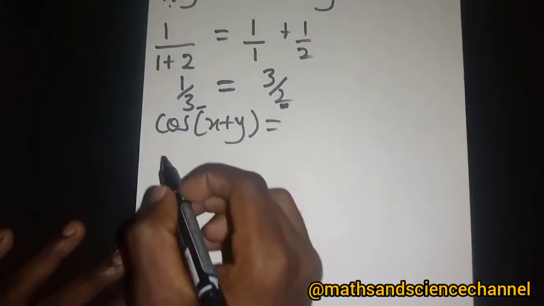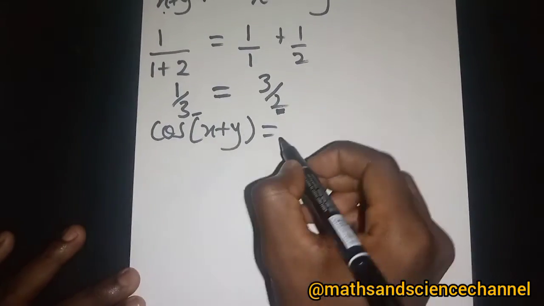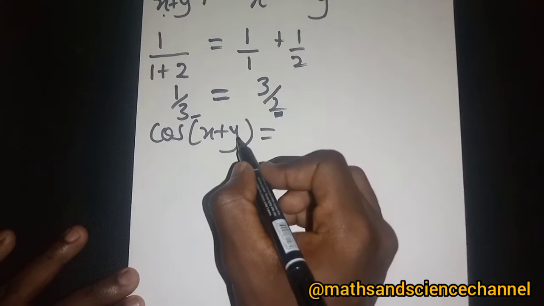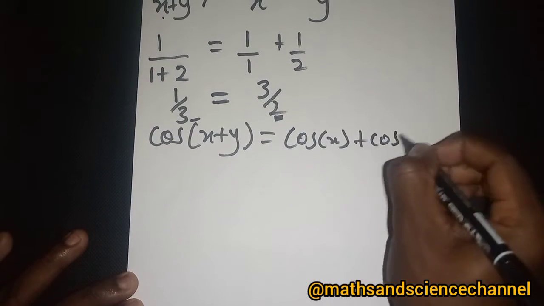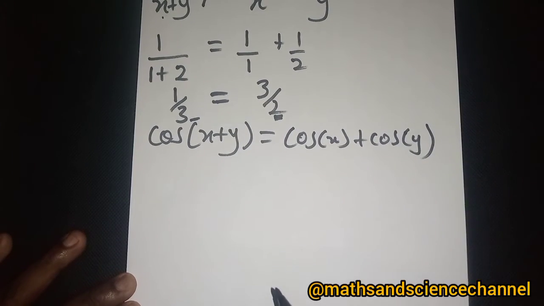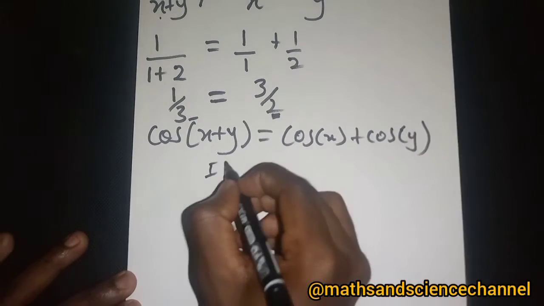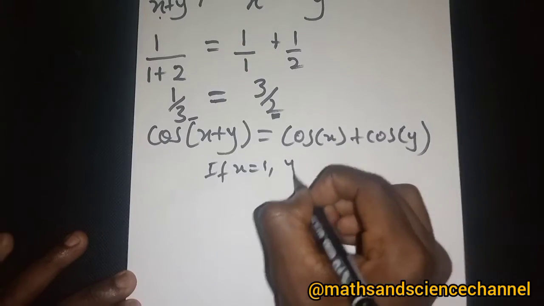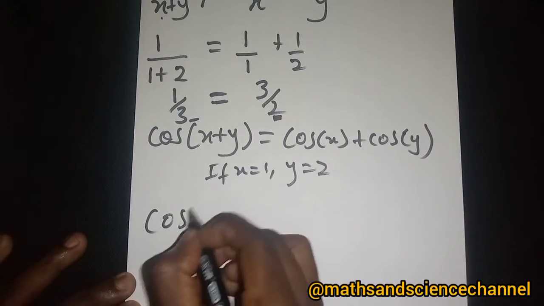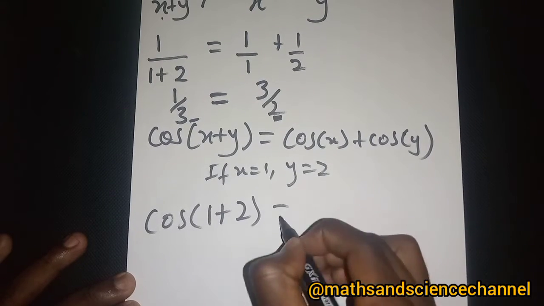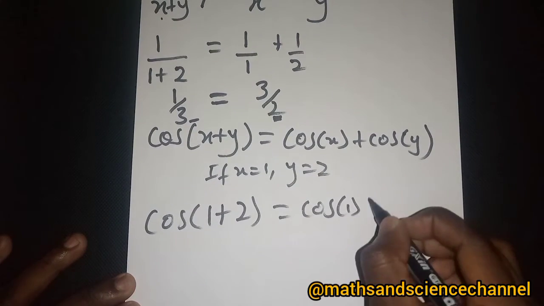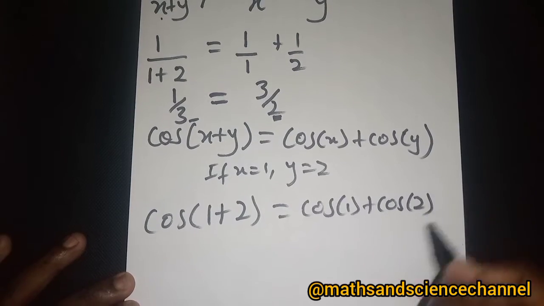All right. So over here too, we have cos(x + y), written as the cos of x plus the cos of y, right? So if x equal to 1, y equal to 2, then we have the cos of (1 + 2) being equal to the cos of 1 plus the cos of 2.